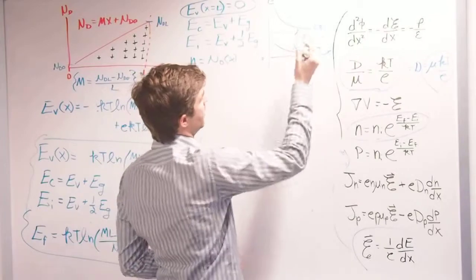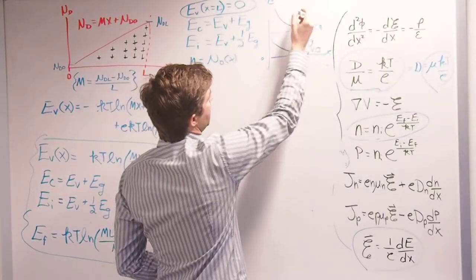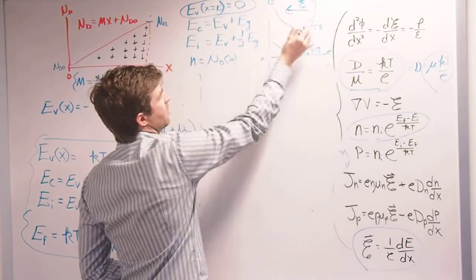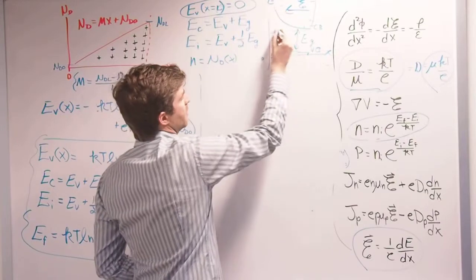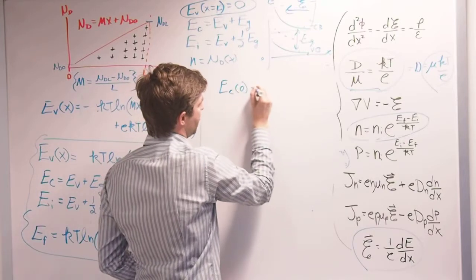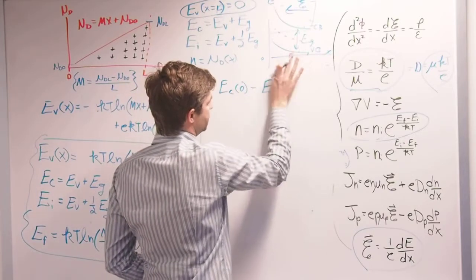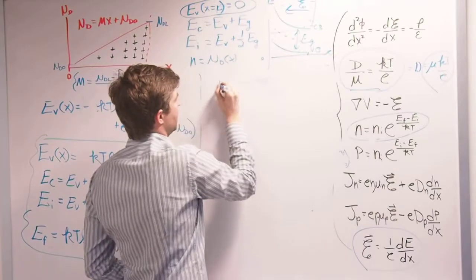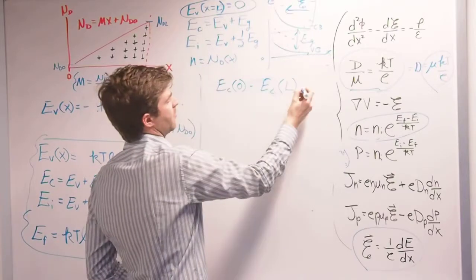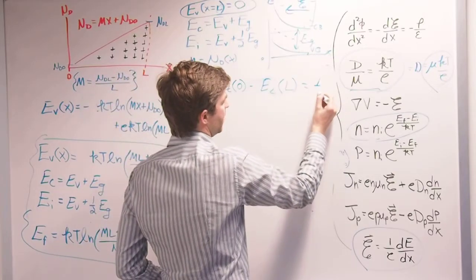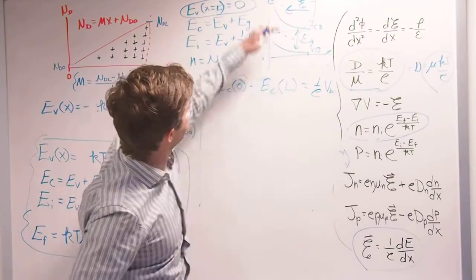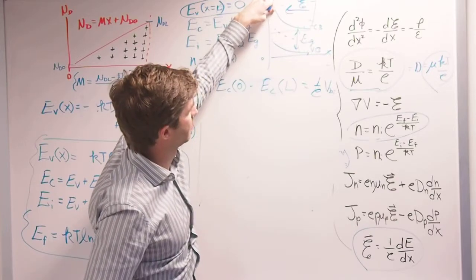We notice that if positive charge is over here and negative charge is over here, we have this built-in electric field. And from here to here, we have EC of 0 minus EC of L equal to some built-in potential, VBI, because the conduction band energy is much higher here compared to here.